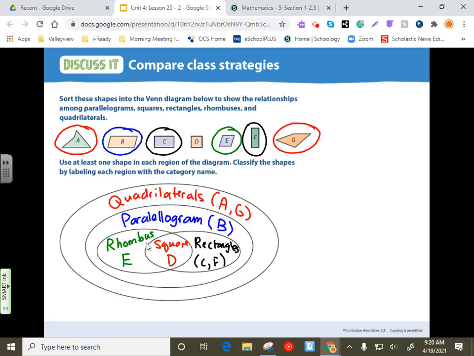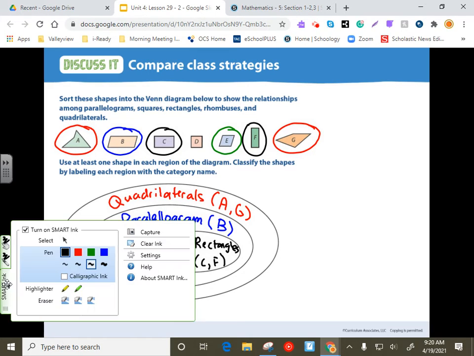And then the rest are parallelograms that are either a rhombus or rectangle. This square D has features from both rhombuses and rectangles. That's why it's in that little area where there's some overlap. So we can use this information later on to help identify certain parts.